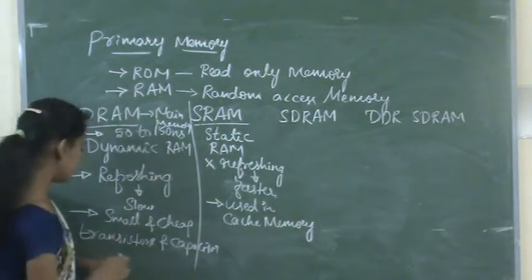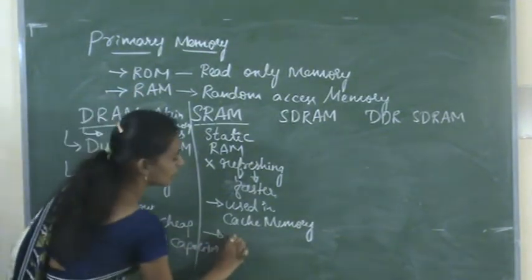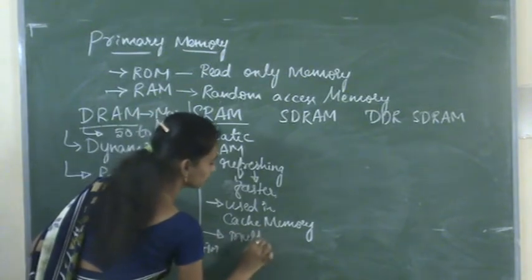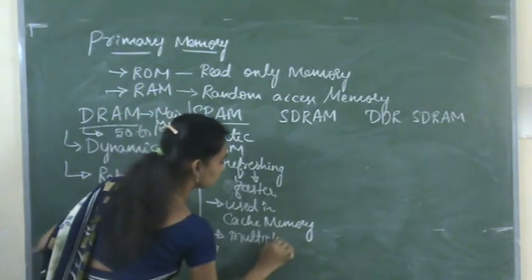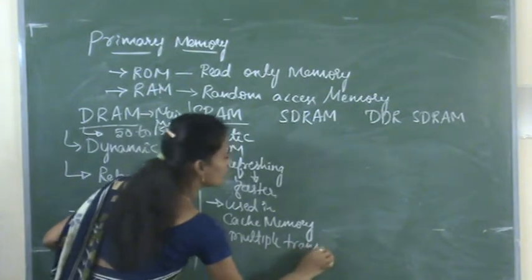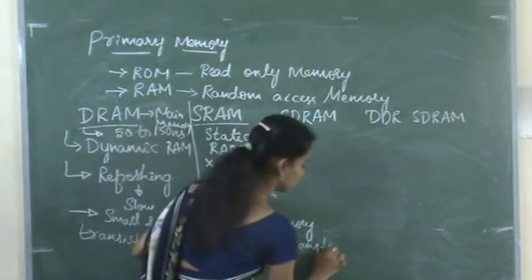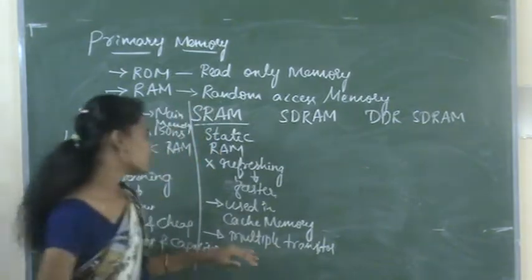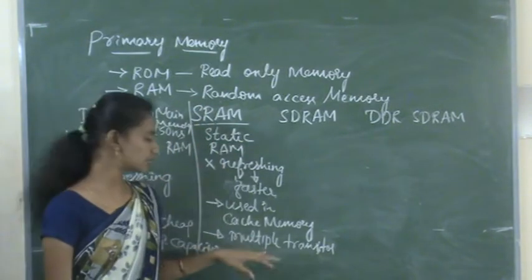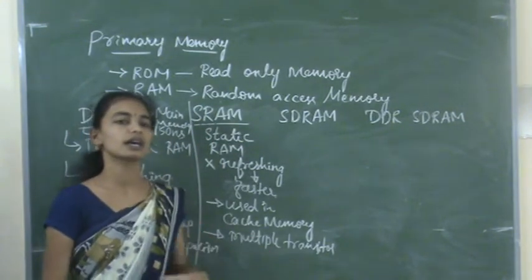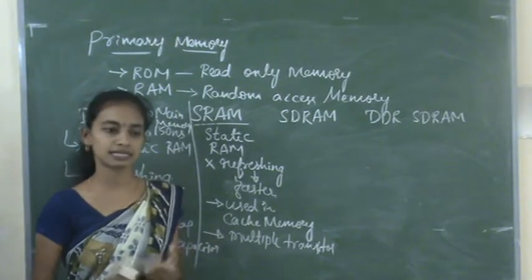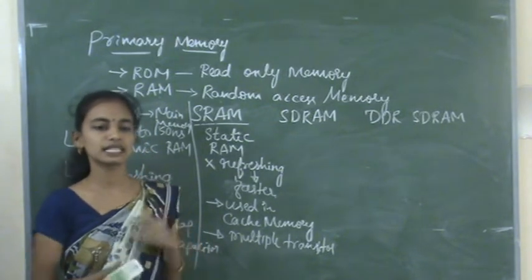And then this SRAM uses multiple transistors, around 4 to 6 transistors for a single memory cell.